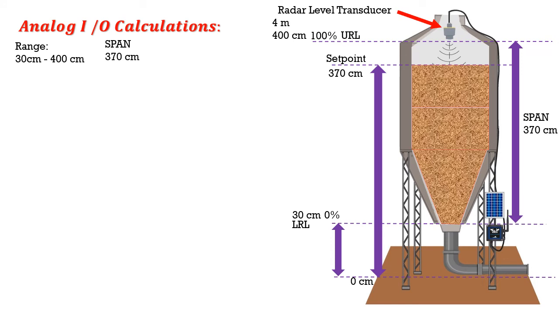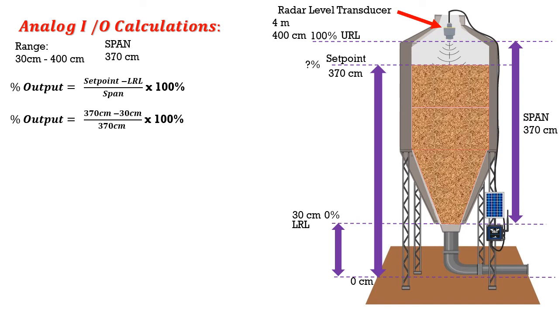So a lot of people assume, oh, well, you've got 370 centimeters, it must be 100% full. But it's not, because you have to consider that 30 centimeter offset. And when you do that, you realize that it's only got 340 centimeters worth of grain in it, which means it's only 91.9 or approximately 92% full, not 100%.